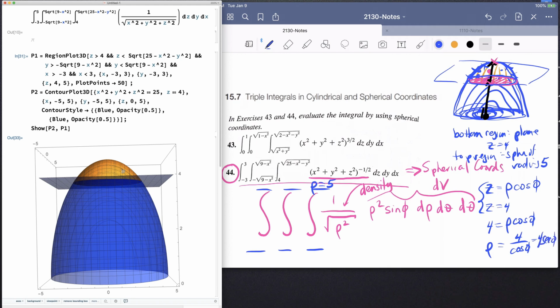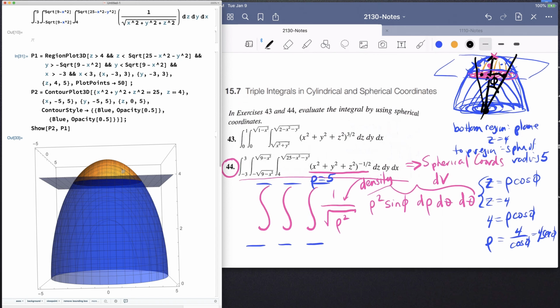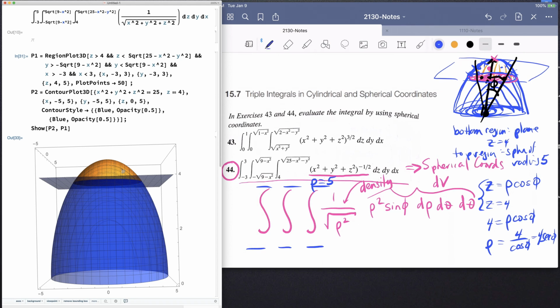So for this bottom plane, depending on the angle phi down from the top, the radius depends on that angle phi. And what we are seeing here is that rho needs to go from 4 secant of phi up to rho equal to 5.